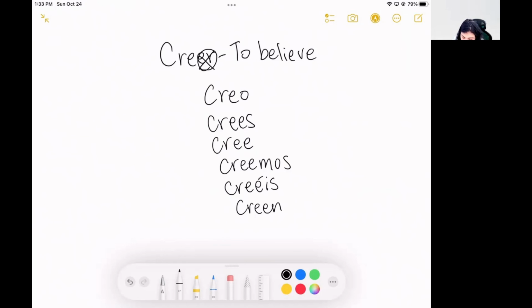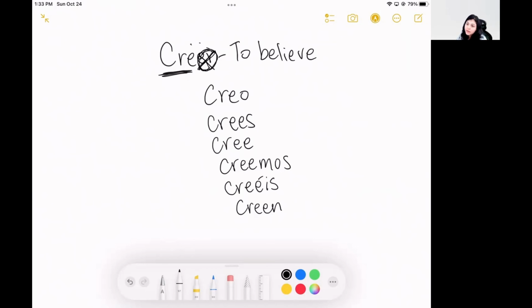So these are the answers. This one can be a little bit tricky because it has two E's, but if you followed the rules by taking away the ER and keeping the stem, then you should have gotten these words here. Creo, crees, cree, creemos, creéis, creen.